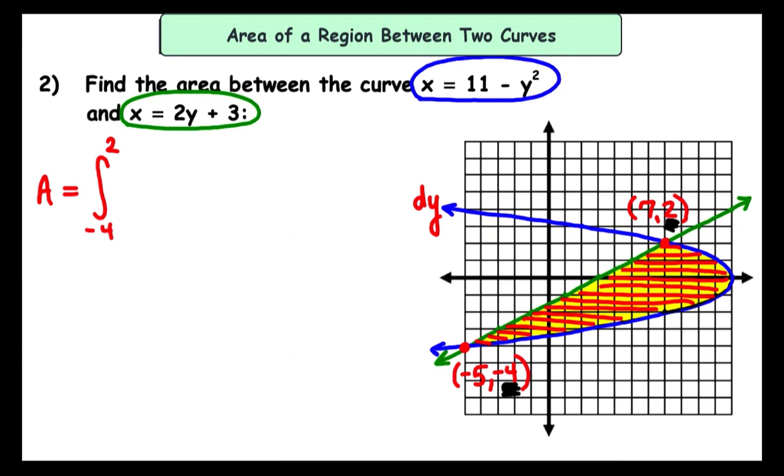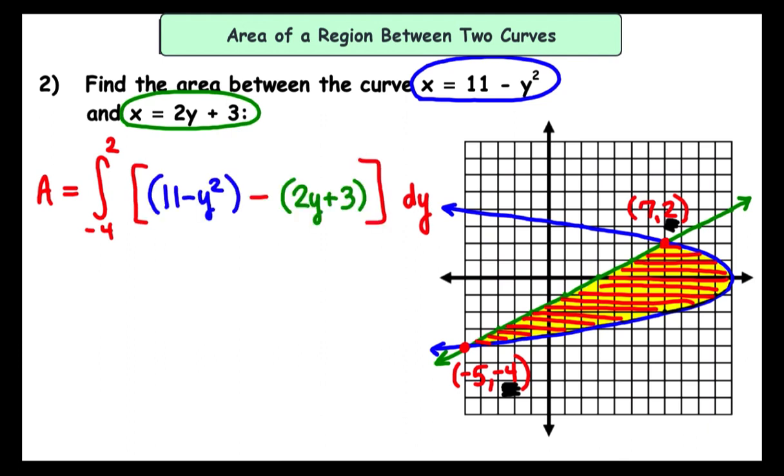Since the rectangles are sideways and I'm going right minus left, it's not going to be dx at the end, it's going to be dy. And we have y limits, not x's. Notice that the limits of integration, I didn't use the -5 and the 7. I used the -4 and the 2. And right minus left in this case means blue minus green is going to get integrated.